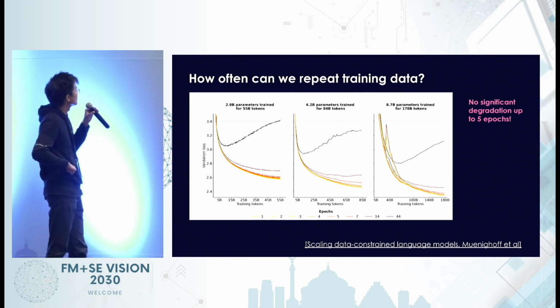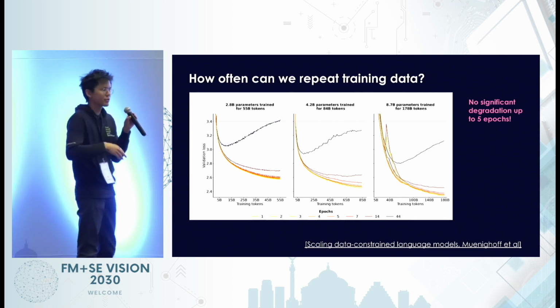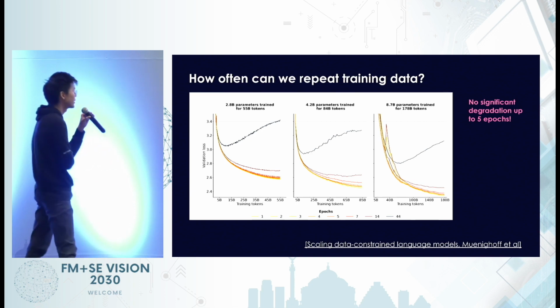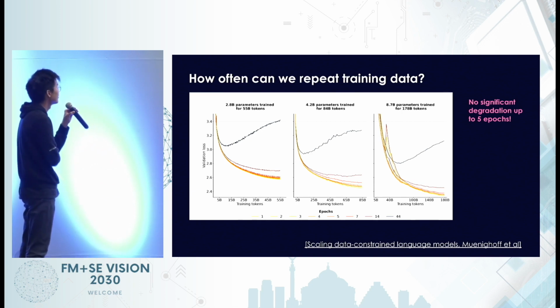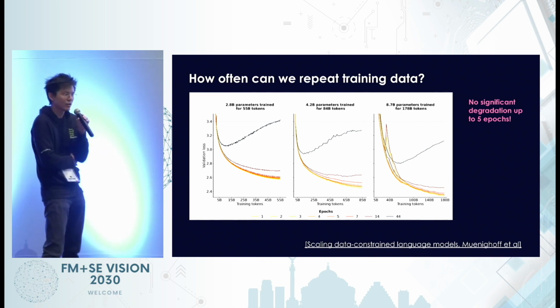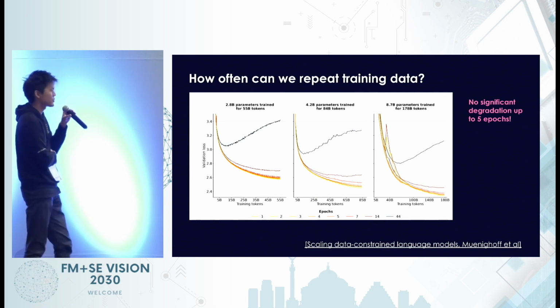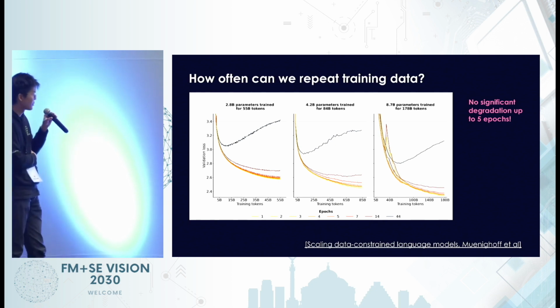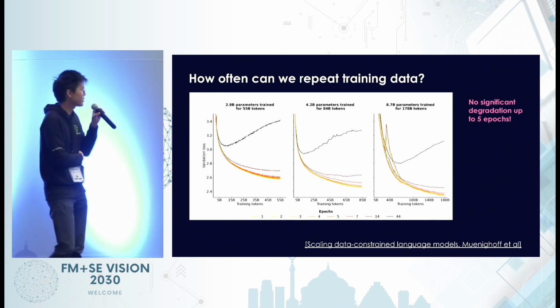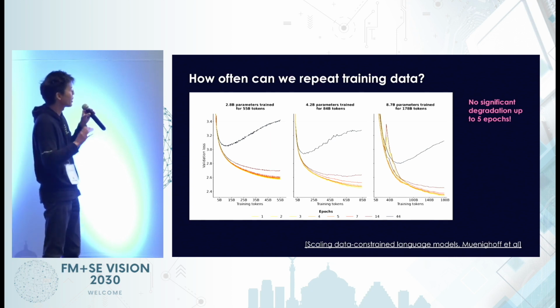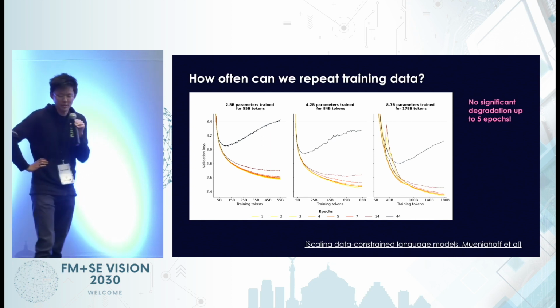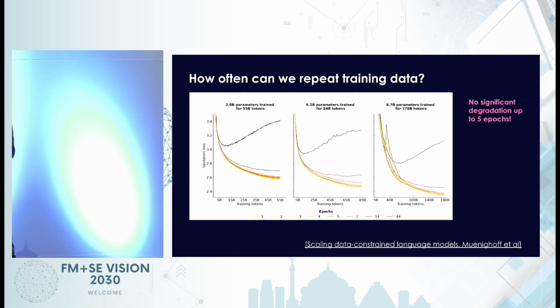Of course, when you do a lot of epochs on your training data sets, you have a real degradation compared to being in an infinite data regime. But they found out that up to around 5 epochs, you get almost no degradation in your validation loss.